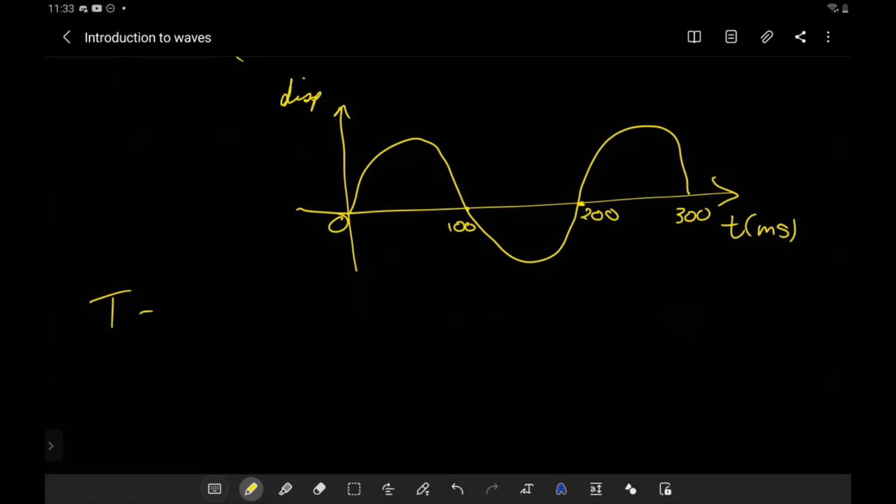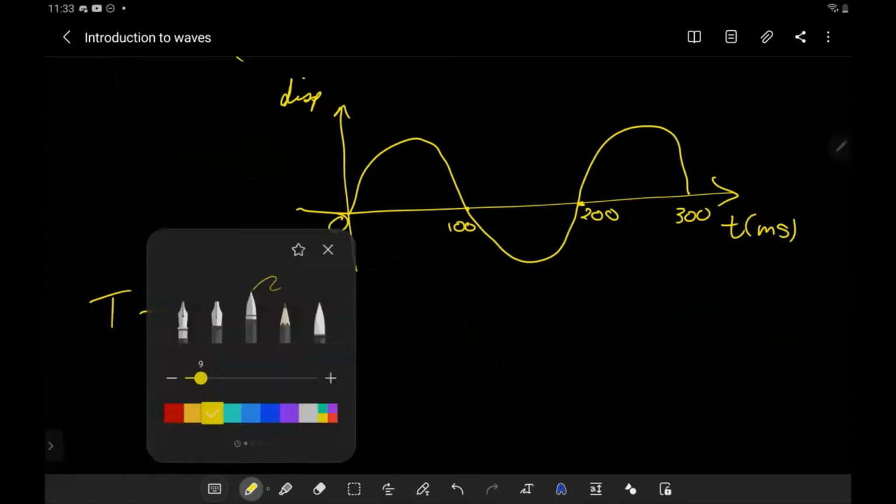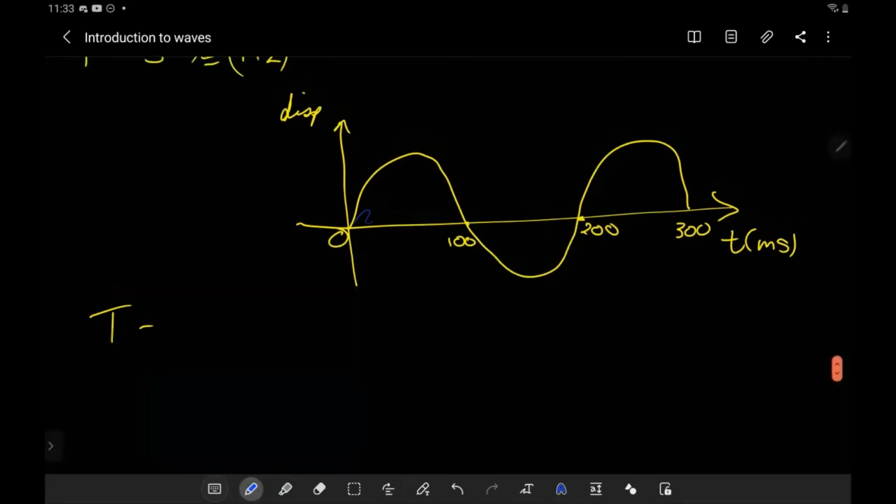Look at it properly. It is the distance between consecutive points. So what is the time between those 2 points? Remember, that's one complete wavelength. So that will be 200, because it's 200 milliseconds.